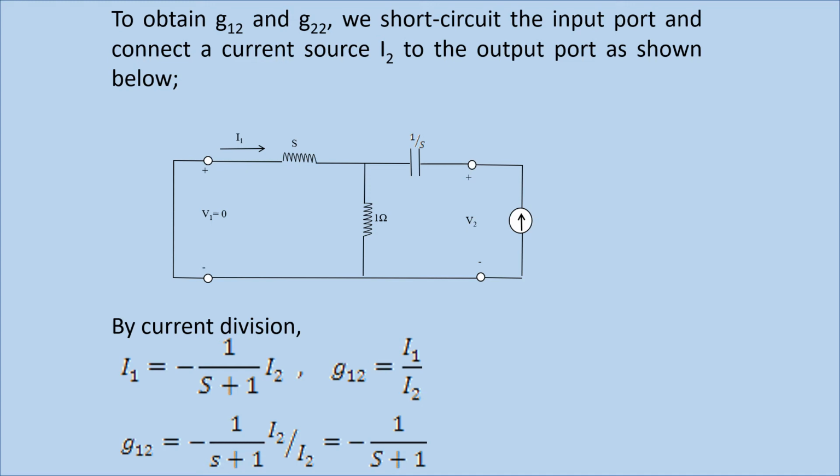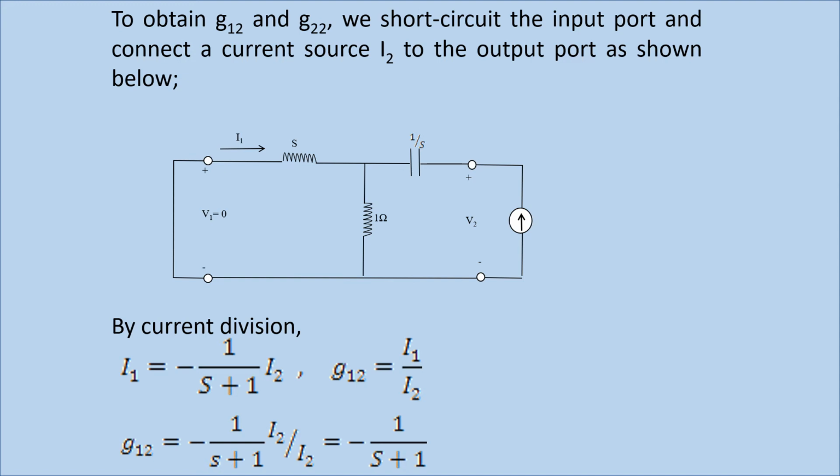From that circuit we can see that the current source I2 is flowing through the capacitor, which has been converted to the frequency domain as 1 over S. When it gets to the junction, it splits into two.